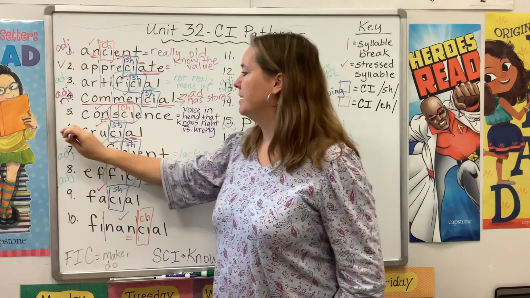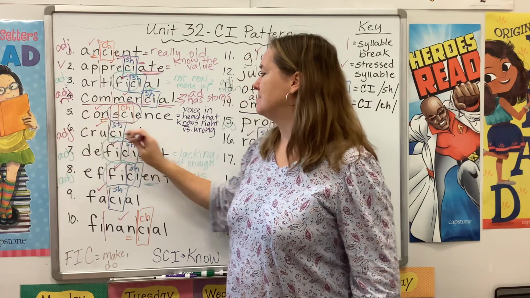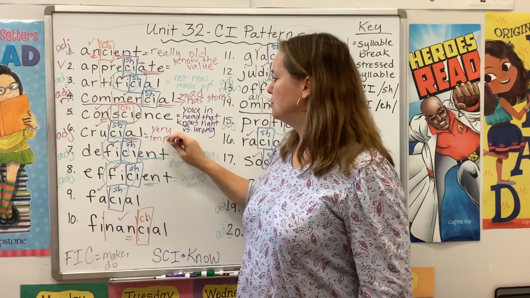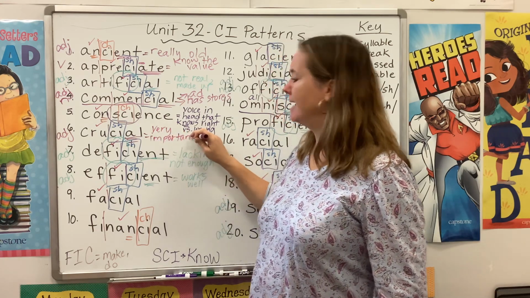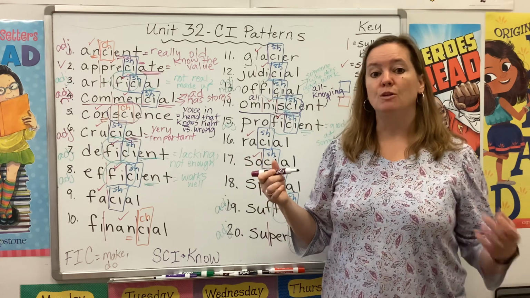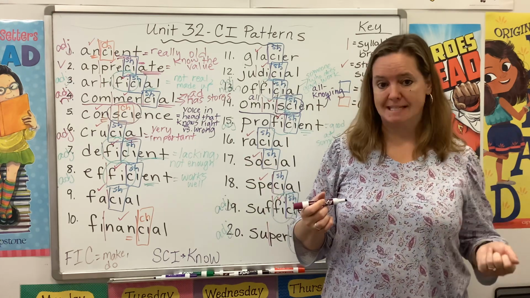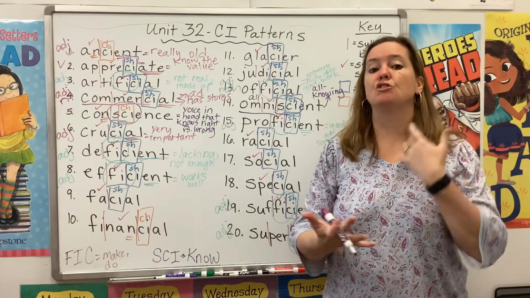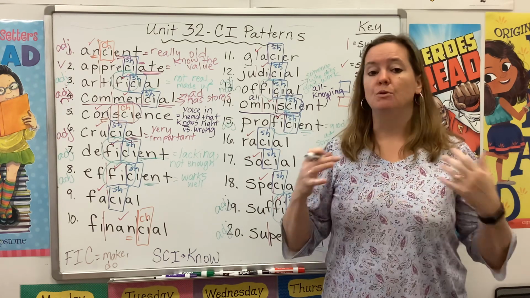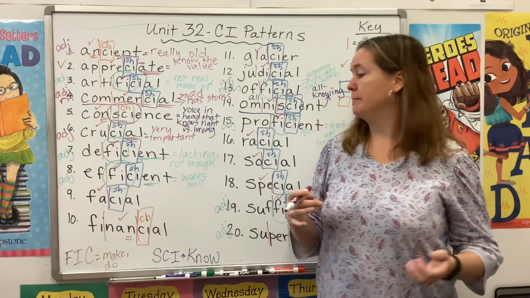Crucial, another adjective, means very important. So let's say your class is taking a field trip to Boston in 3 days and you keep forgetting your permission slip. Your teacher might say, it's crucial that you bring that permission slip. If you don't bring it, you can't come with us, okay?